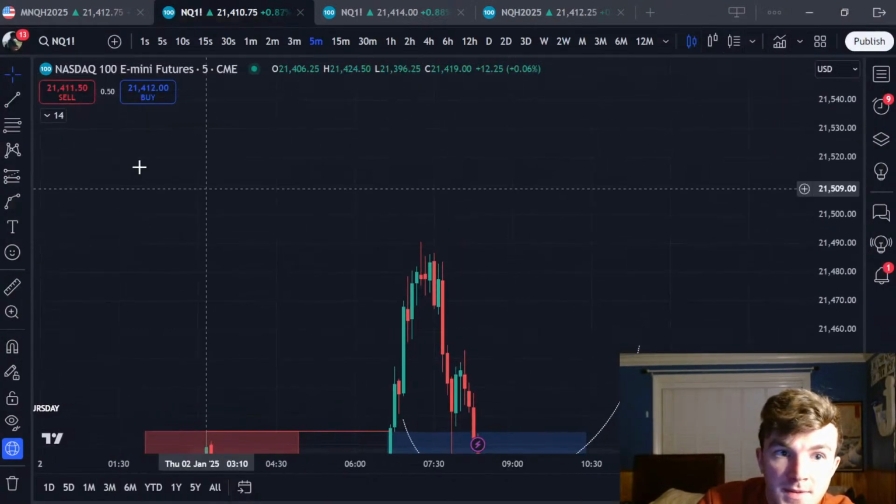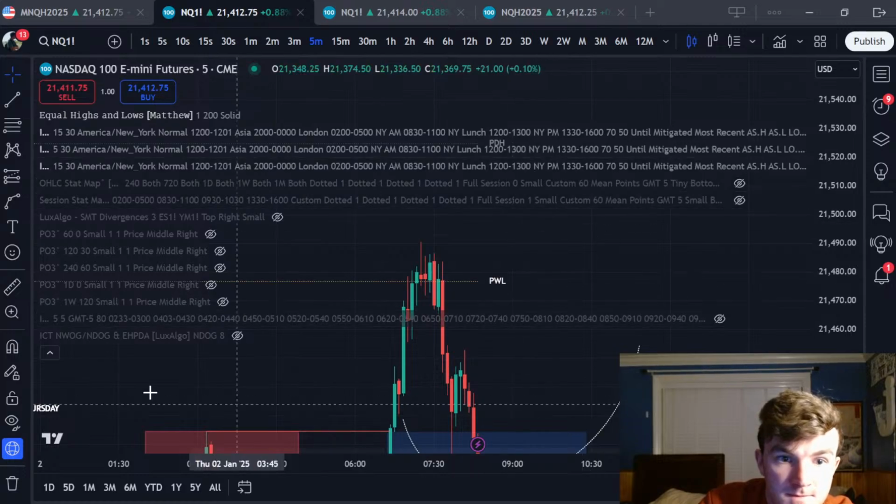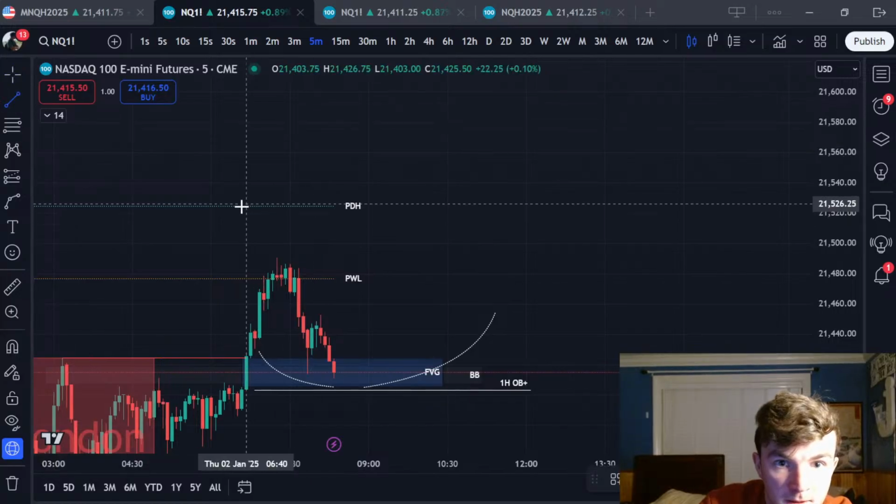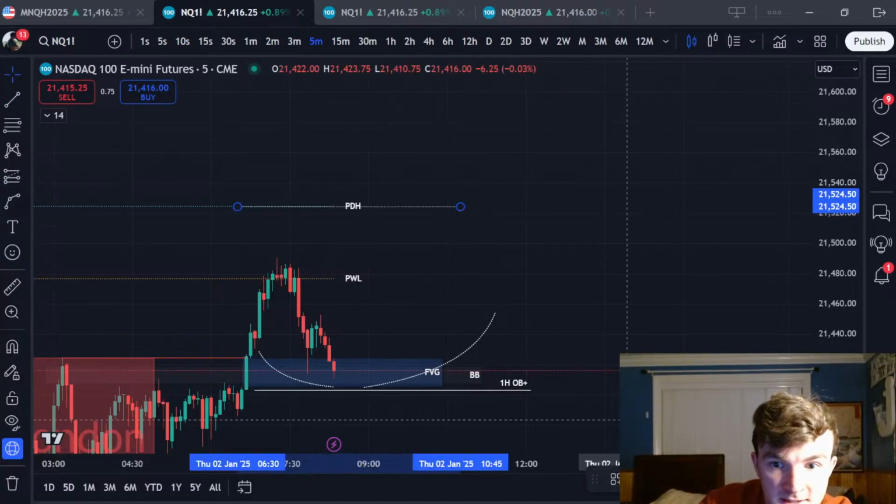We have a previous day's high right here. I think this is the draw in the short term.